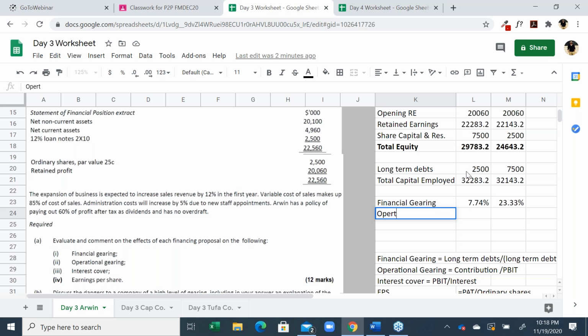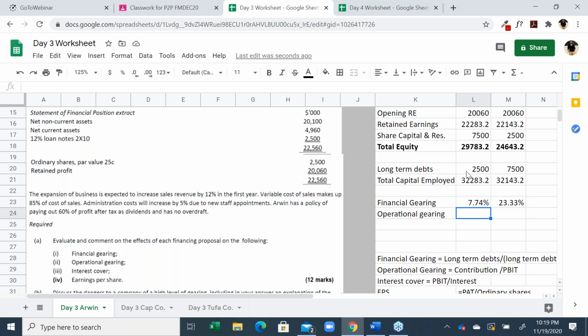Now comes operational gearing, which shows your business risk. And business risk usually arises because of fixed costs. Because if your sales volume goes down, it will also reduce your variable cost. But your fixed cost will stay the same, and we may have a chance of incurring a loss.